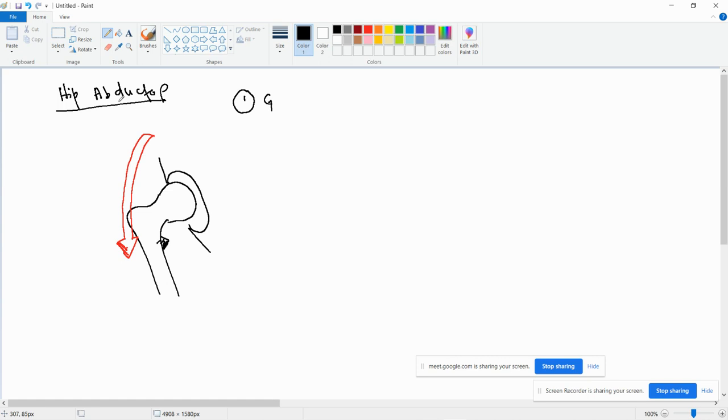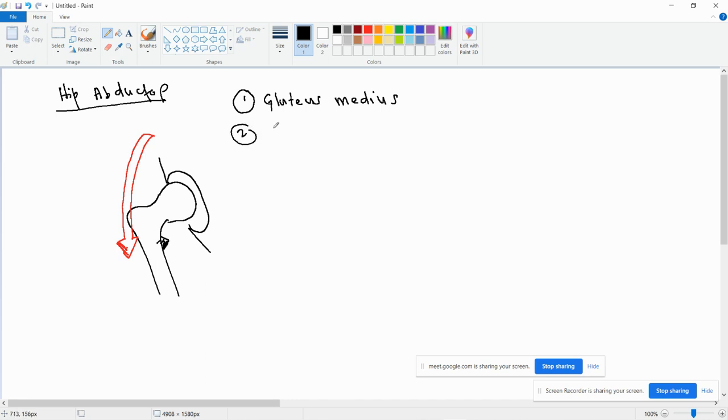Now we touch on the hip abductor first, because for the hip abductor we only have three muscles, and I think it's very, very easy to understand. The first muscle that you should know is gluteus medius, the biggest muscle responsible for hip abduction.